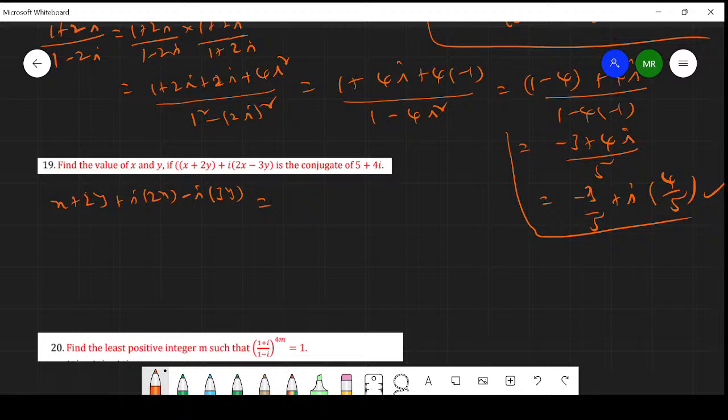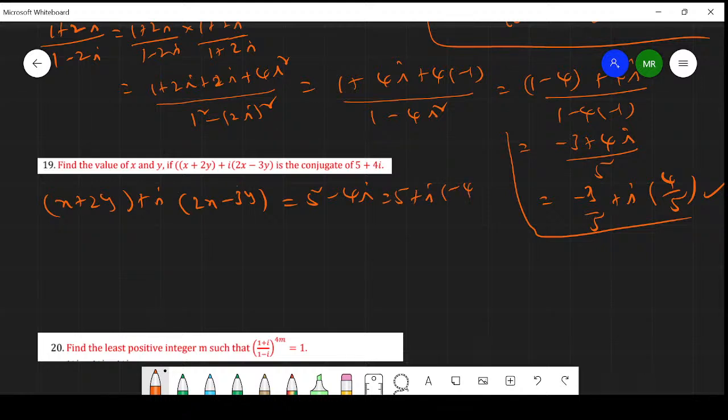Oh, this one, they have already given the real part. No need to expand, sorry. You write as it is: x plus 2y plus i into (2x minus 3y) is equal to the conjugate of 5 plus 4i, that is 5 minus 4i. I can write 5 plus i into minus 4.